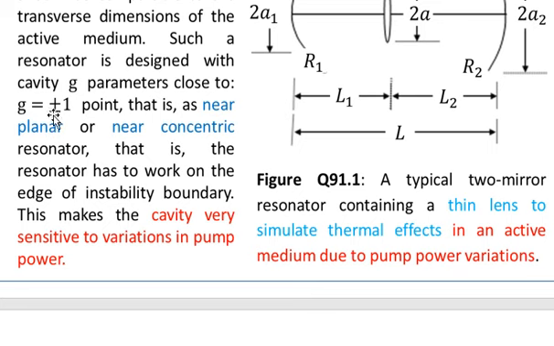Near planar resonators, containing two planar mirrors for example, or near concentric resonators, lie very close to this curve. For that, you can see one of the previous slides where I have discussed the stability of resonators.